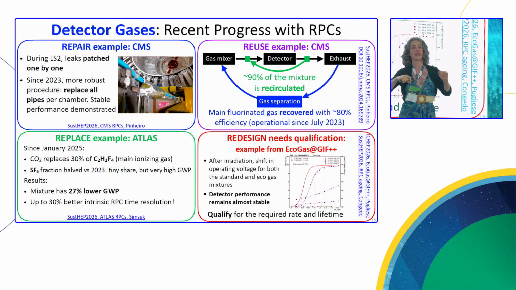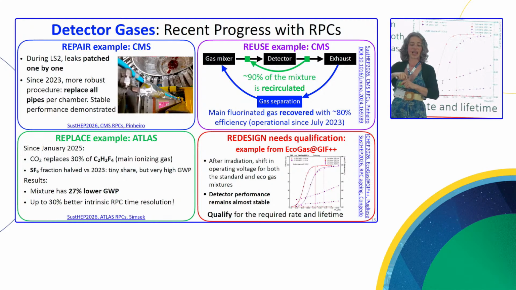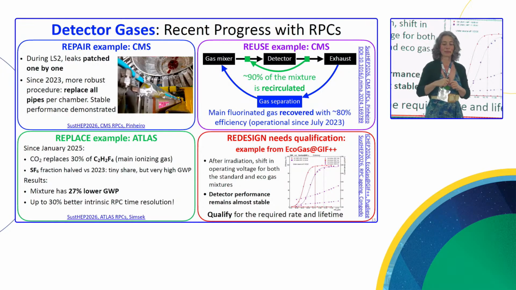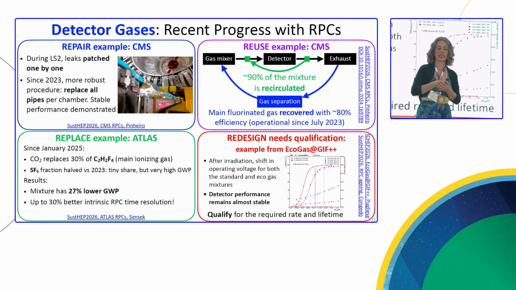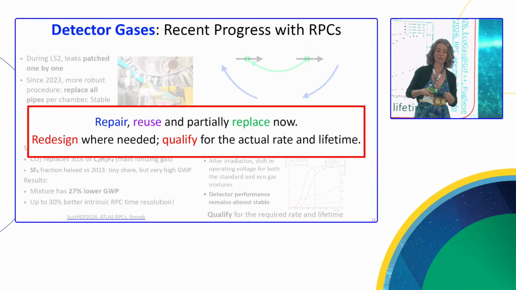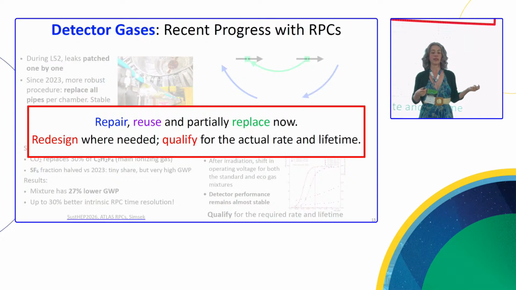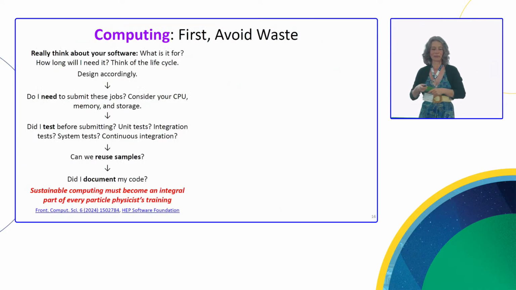And this shift is seen for both the standard and EcoGas mixtures, but you see that the stable performance is retained. And here, when we're redesigning, we need to qualify for the required rate and lifetime. So the idea is that we need to repair, reuse, and partially replace now, redesign where needed, and qualify for the actual rate and lifetime.